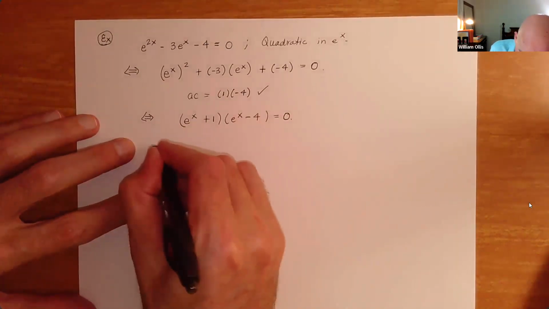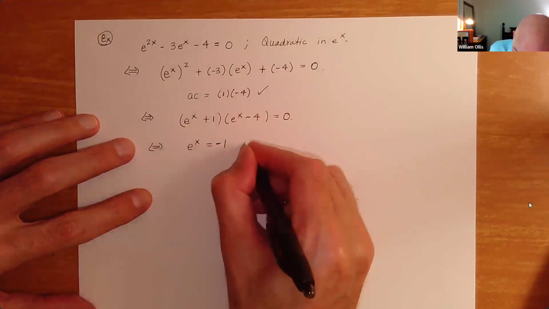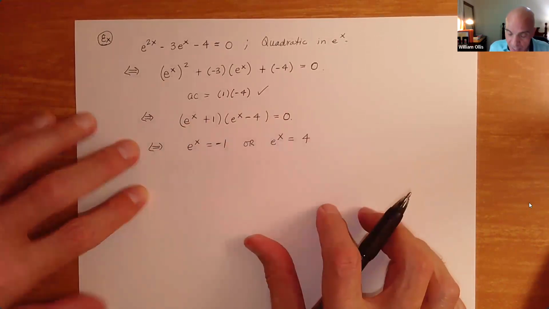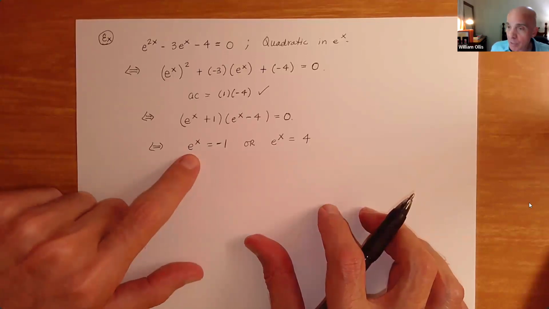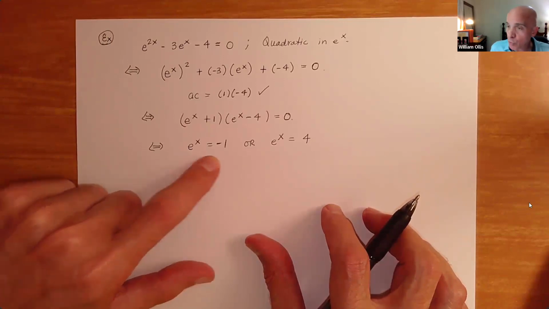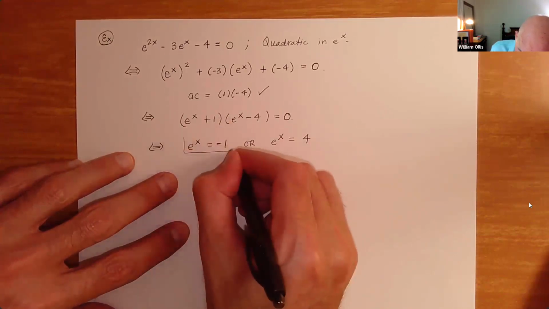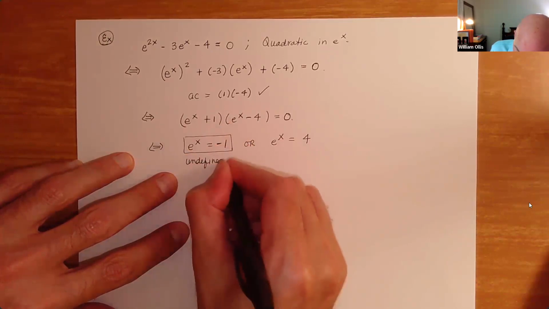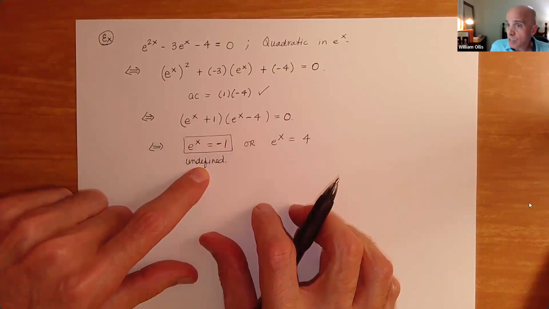So we've got, if and only if, e to the x equals -1 or e to the x equals 4. Now, of course, e to the x equals -1 is undefined. We know that the output of the natural exponential or any base a exponential is positive. So this is undefined, and that does not give us a value of x that we can use. There are no values that solve this equation.